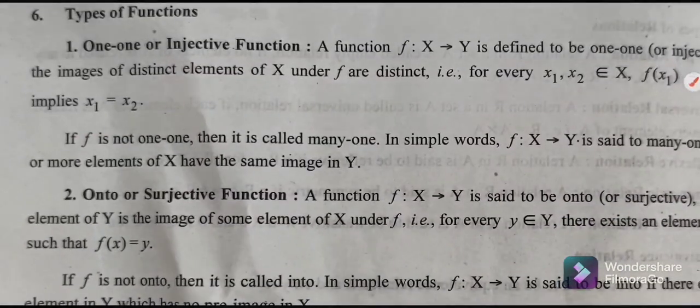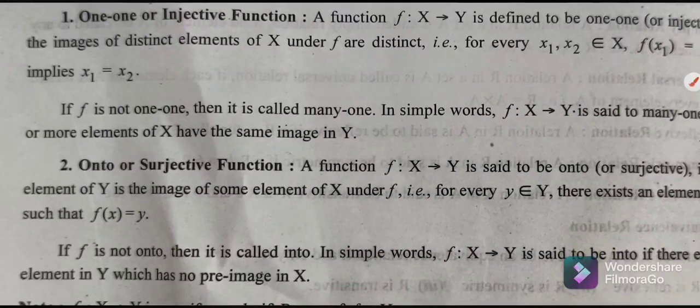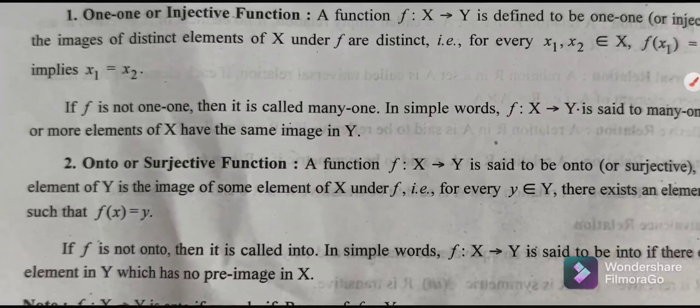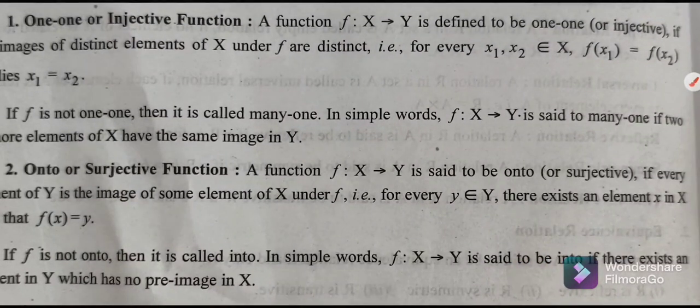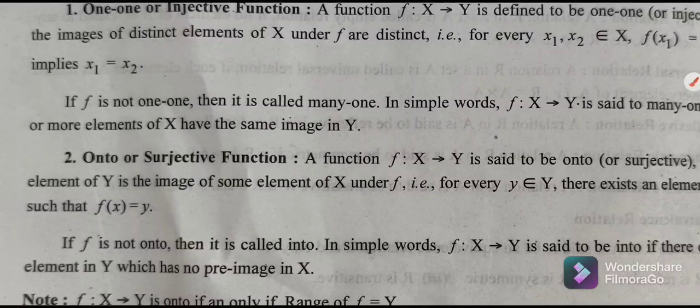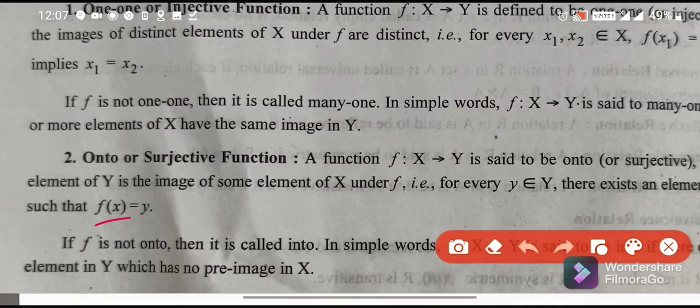Next, onto function or surjective function. A function is surjective if every element of Y is the image of some element of X. For every y belongs to Y, there exists an element x in X such that f(x) is equal to y.